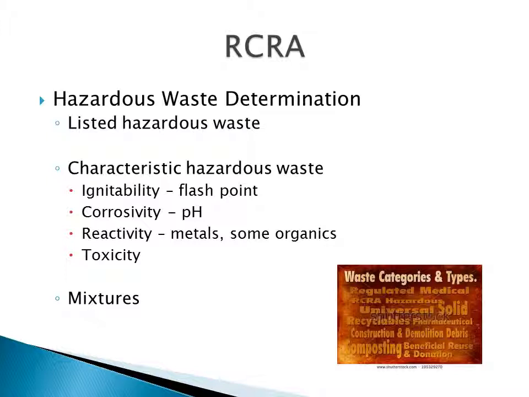The first one, ignitability. The second one, corrosivity. The third one, reactivity. And the fourth one is toxicity. Toxicity is often determined by a complicated laboratory procedure called the Toxicity Characteristic Leaching Procedure, or TCLP.